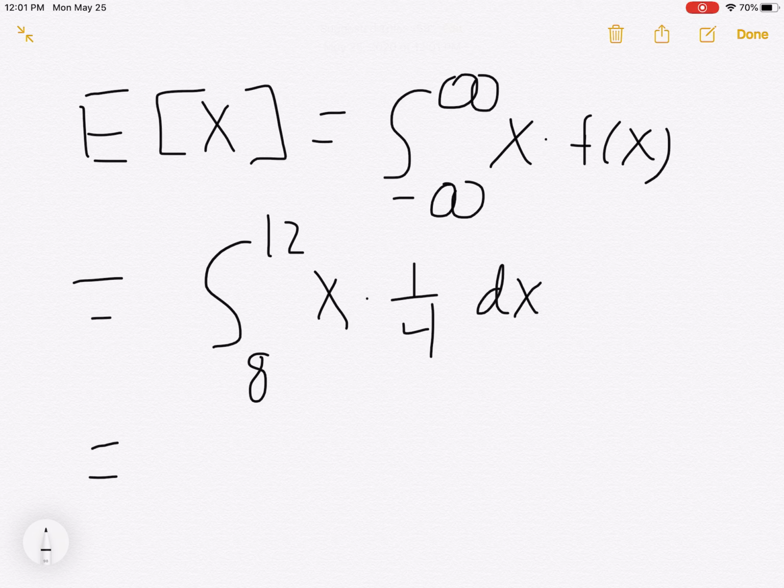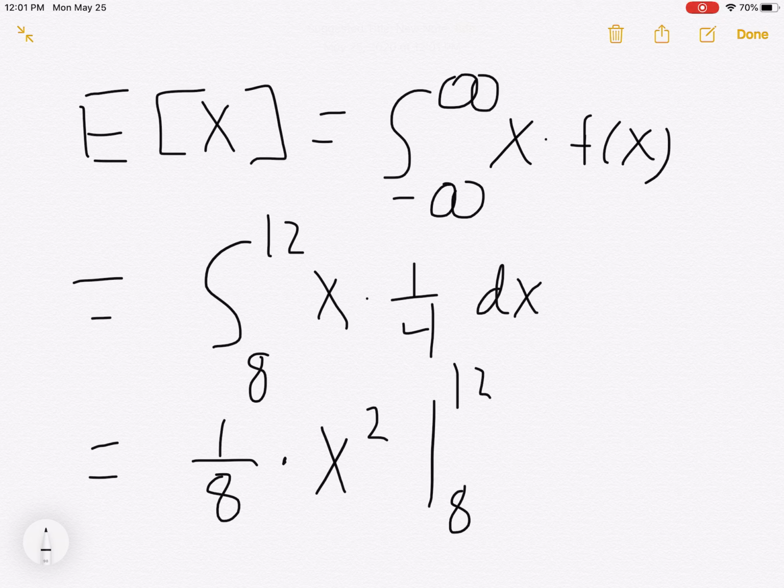And this value will be 1/8 times x squared evaluated at 8 and 12, which is going to be 12 squared minus 8 squared over 8. Okay, that's our average value.